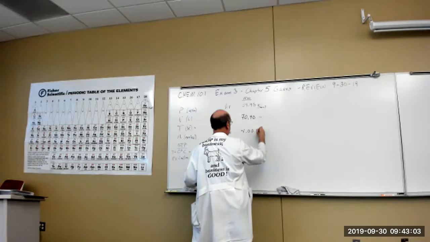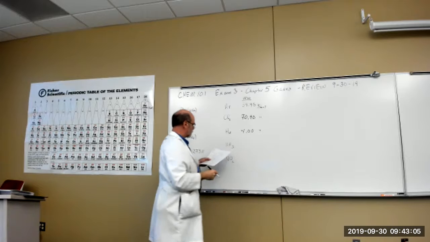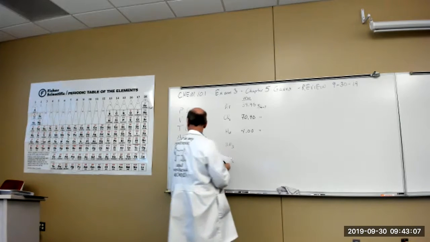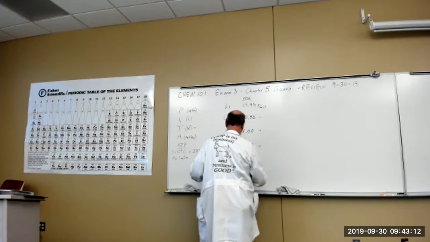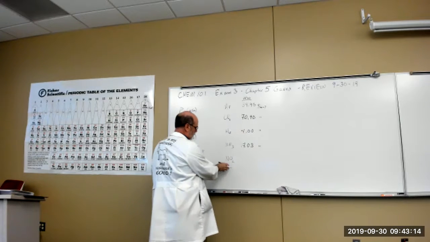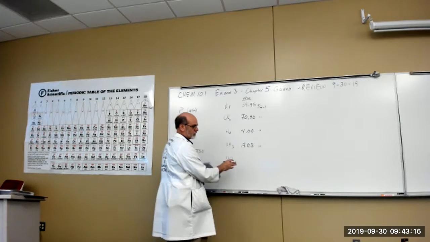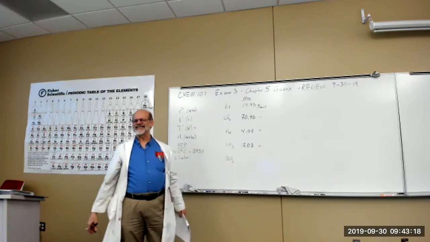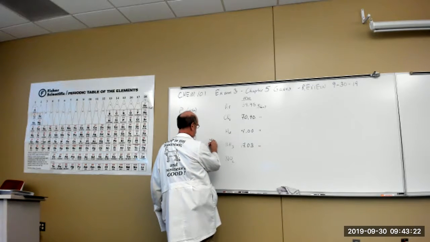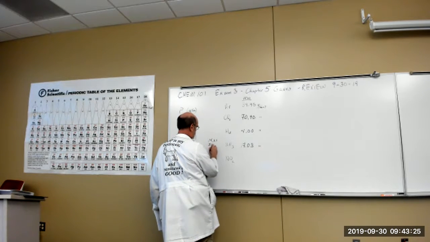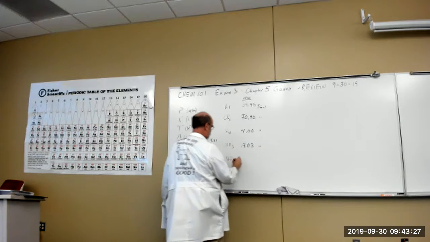And these are all grams per mole. Ammonia, we just did that a minute ago. It's 17.03? Yeah. And then NO2 is 14.01 plus 32, which is 46.01?